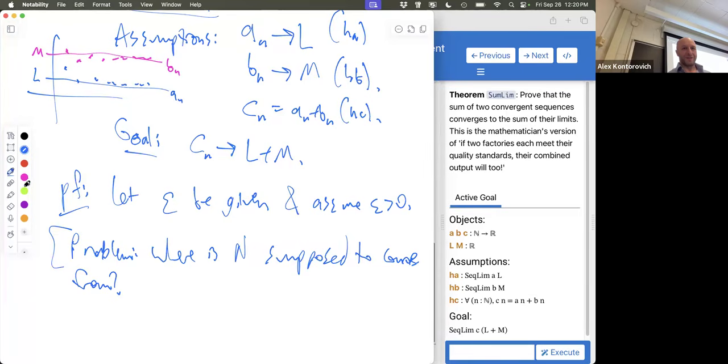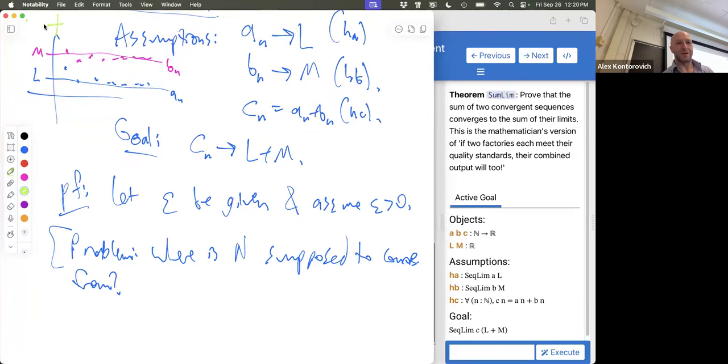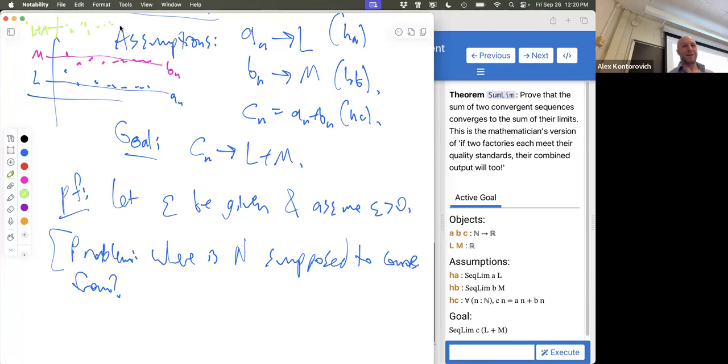I don't know where L plus M is. So here's L plus M. And it's doing something. And the claim is that that's what we're approaching. So how do we get within epsilon of L plus M with an plus bn?